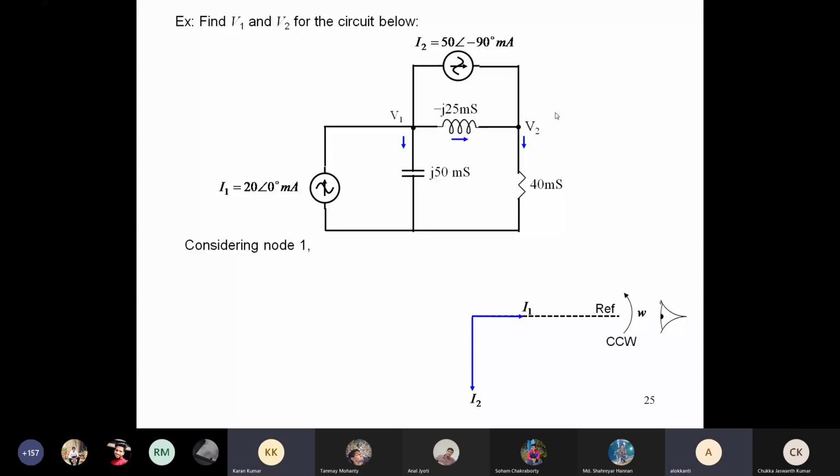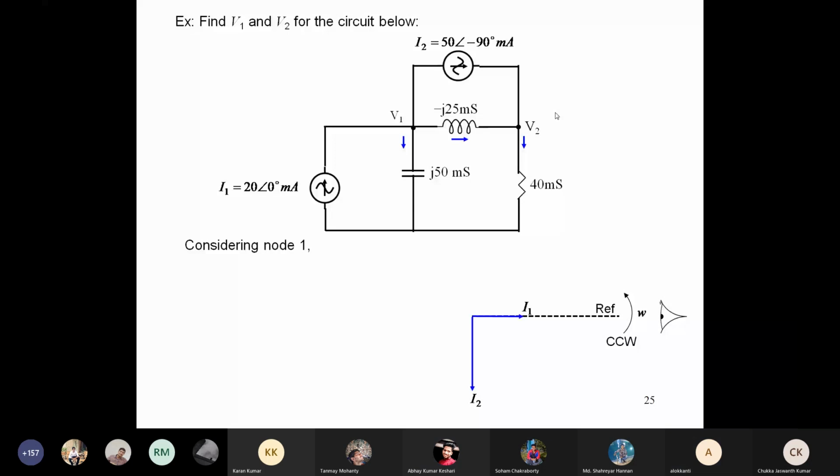V1? Sir, V2 is 1.26 angle minus 141.34. No. V2 is 2.55 angle minus 101.3.